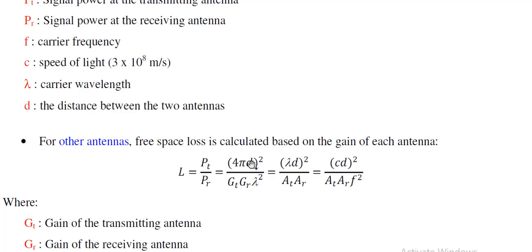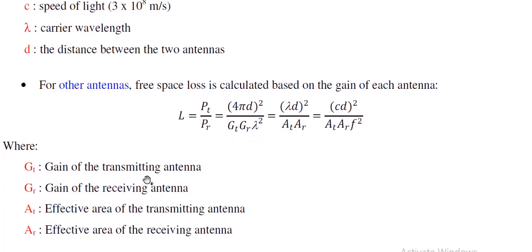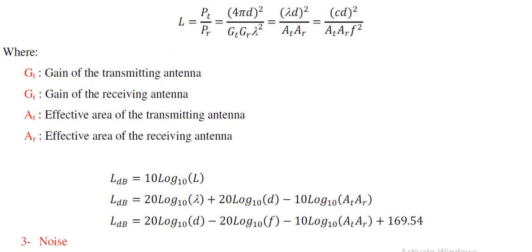Okay, so we have (4 pi d)^2 over G_T multiplied by G_R multiplied by lambda squared, or of course we can use c squared over f squared. We can also use the effective area of each antenna.